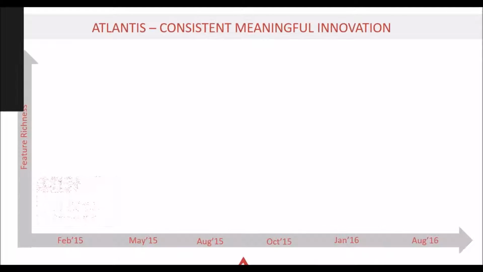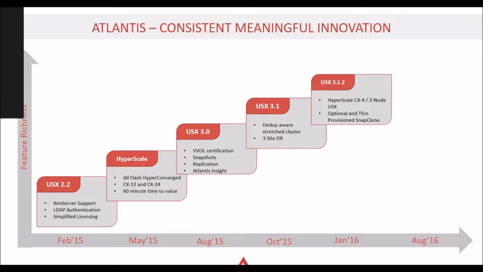So Hugo, with the next slide. When I look at Atlantis, I can say with a smile on my face that when we look at these developments, starting with USX 2.2 in February 2015, up to USX 3.1 in January 2016, it's really a privilege and awesome to work in a great team like this and to see the solution evolving and adding new features, new functions on a regular and high-speed basis.